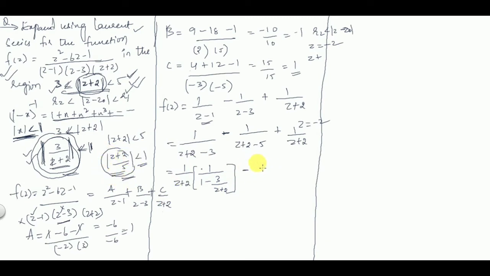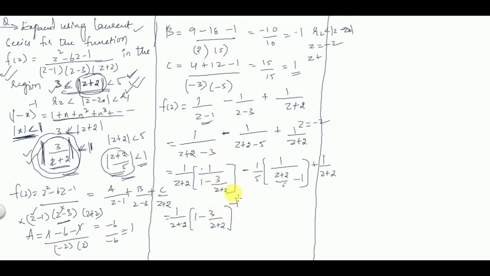So I am taking 5 common: 1 minus 1 by 5 into 1 by z plus 2 by 5 minus 1. This is anyhow 1 by z plus 2 only. So this is 1 by z plus 2 into 1 minus 3 by z plus 2 whole inverse.